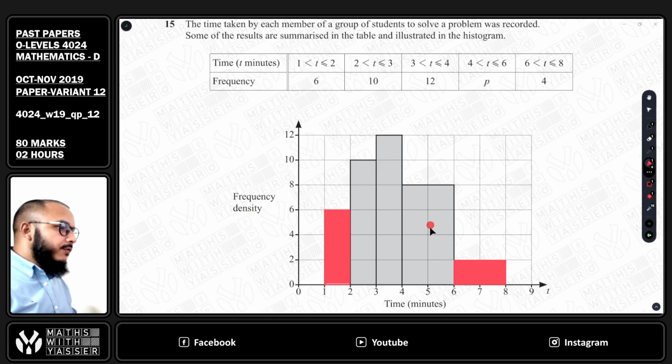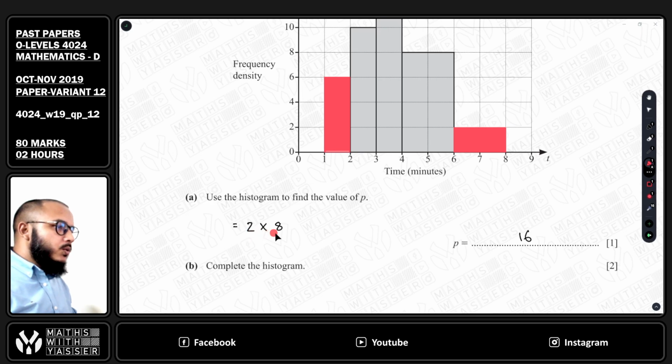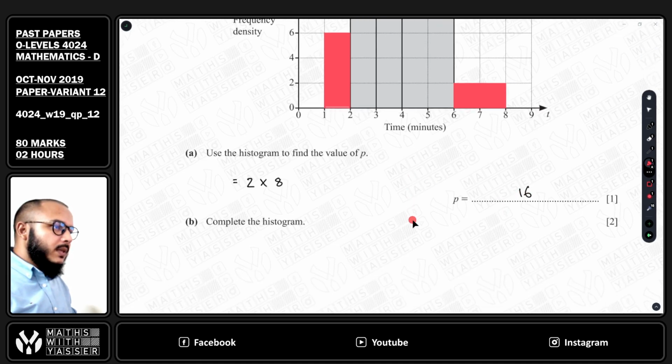So the area of the bar is, we have a width of 2 units and a height of 8 units. So that should be 2 times 8. So the frequency, which is represented by P, is 16. That is the frequency. Then it says complete the histogram.